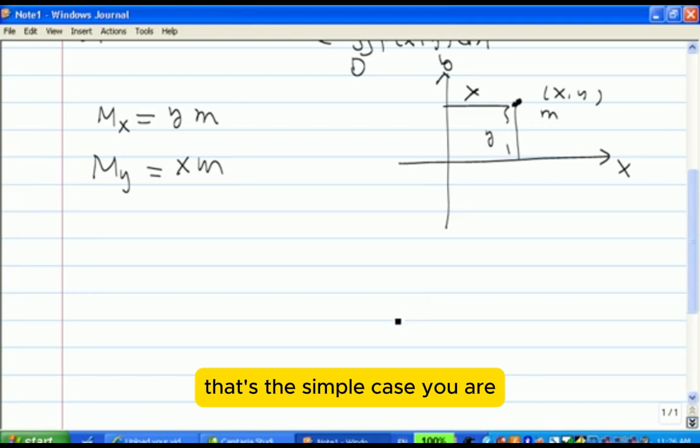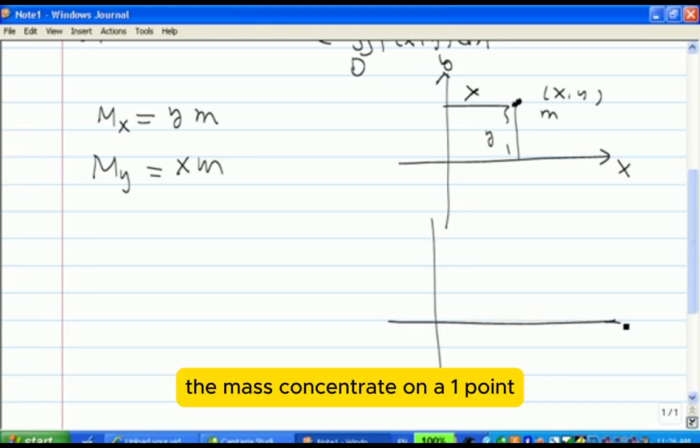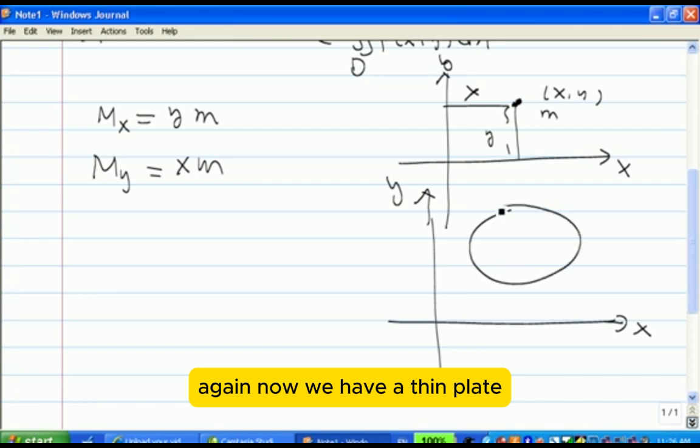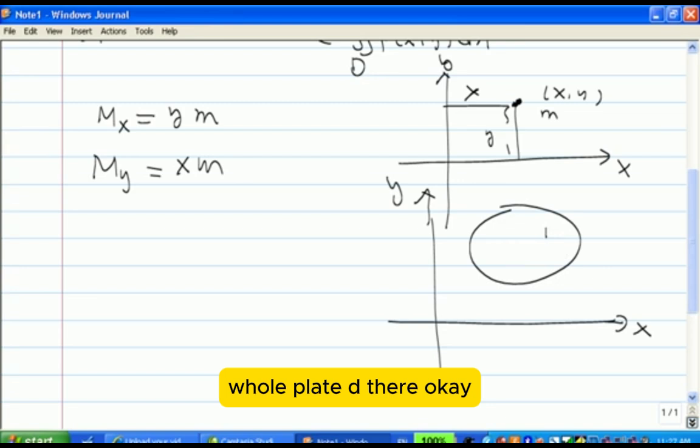That's the simple case, where the mass is concentrated on one point. Again, now we have a thin plate. What is the mass, what is the moment about the x-axis, and what is the moment about the y-axis for this whole plate D?